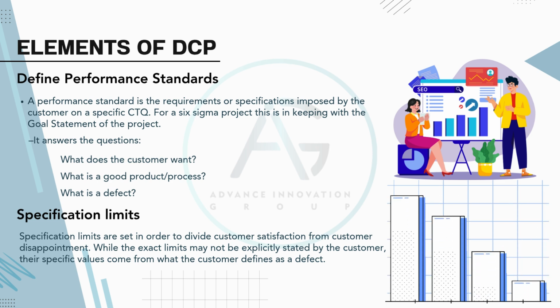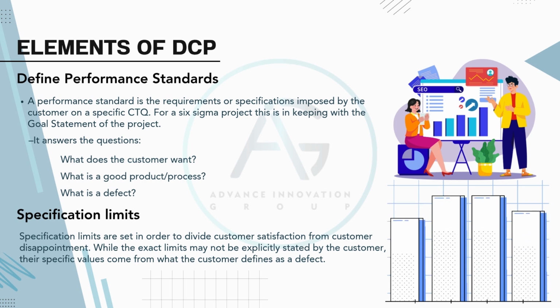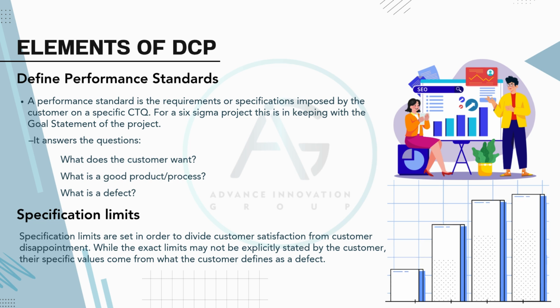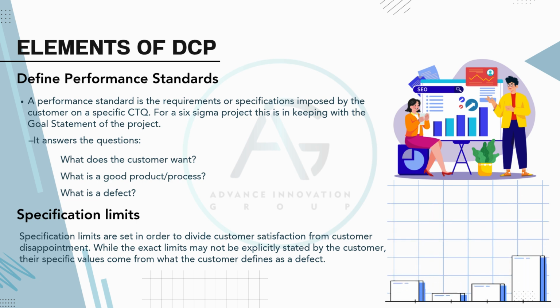Next, let's talk about specification limits. These limits set the boundaries between acceptable and unacceptable outcomes from the customer's perspective. Even if the customer doesn't formally provide limits, they often exist implicitly based on what is considered a defect. For example, a delivery time over 5 days might not be acceptable to a customer, even if they never wrote that down.